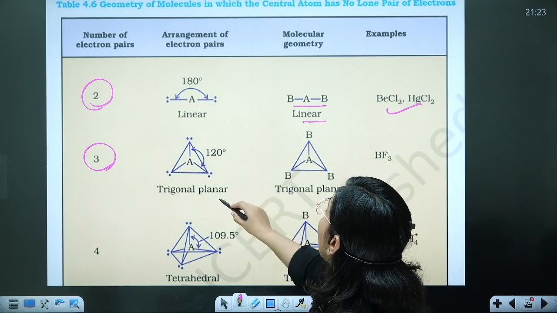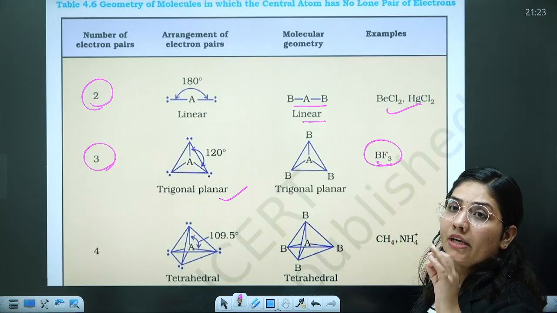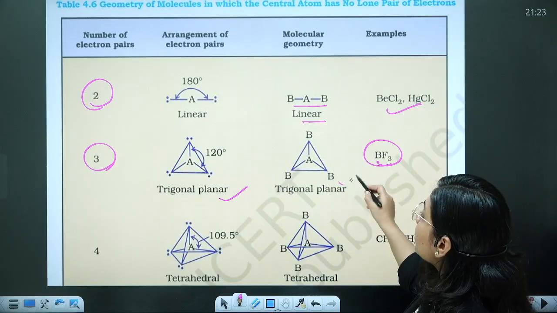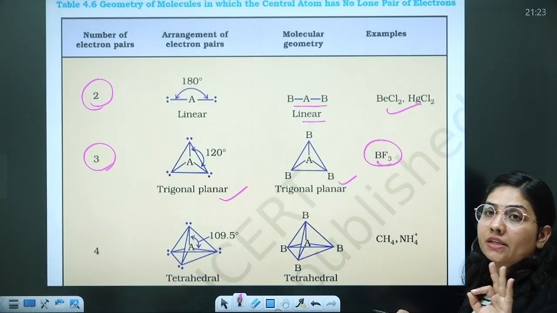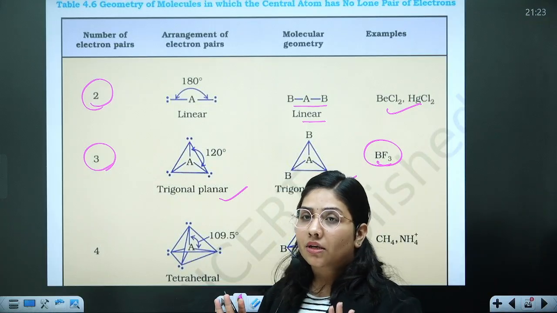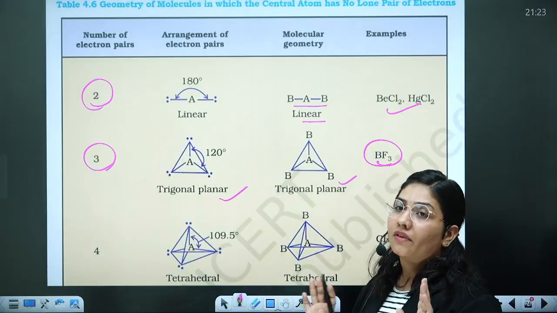After that, 3: the example is BF3, the structure will be trigonal planar. Whenever there is no lone pair present, the geometry and shape are similar, okay. But when we go to lone pairs present, we have a difference in it.